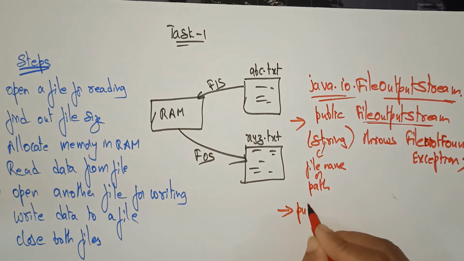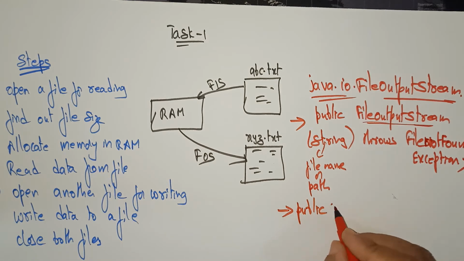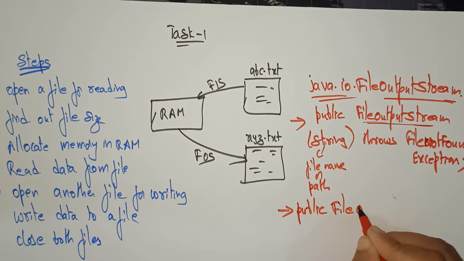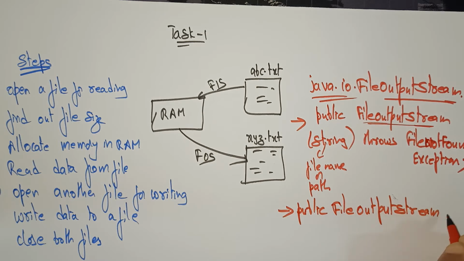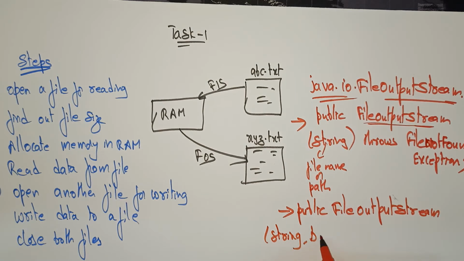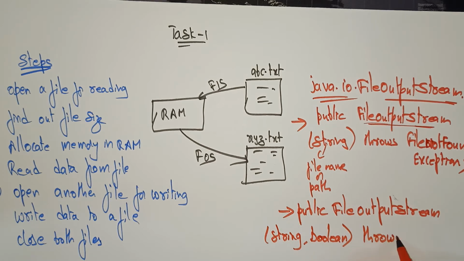Another constructor is public FileOutputStream with a String comma boolean. What exception does it throw? It also throws FileNotFoundException.